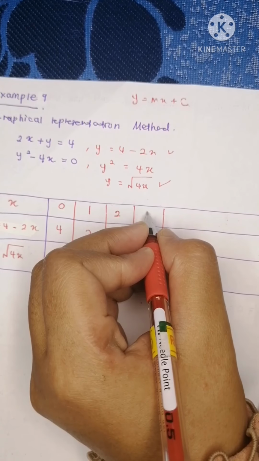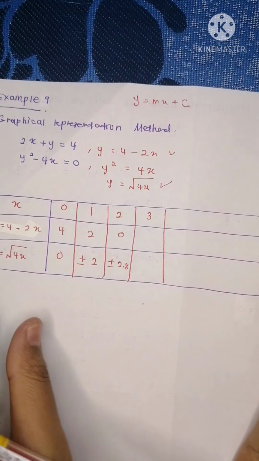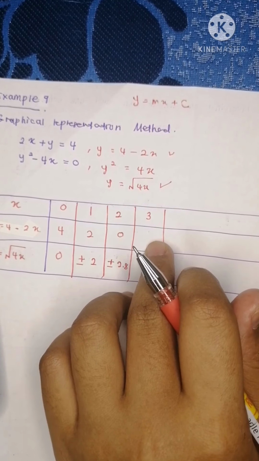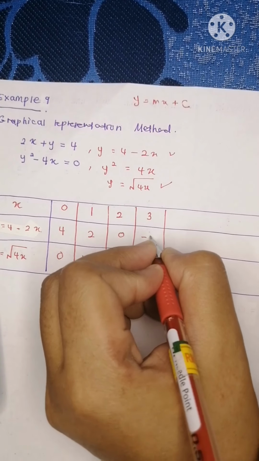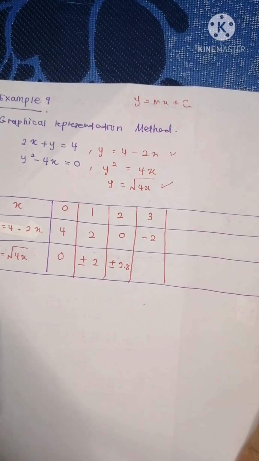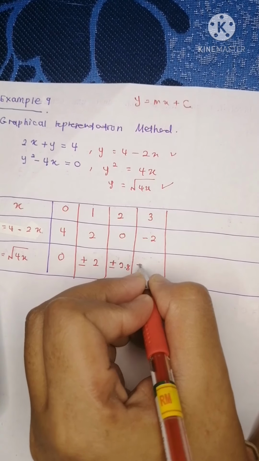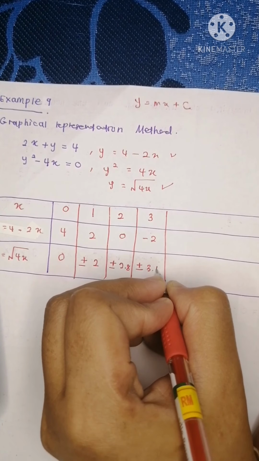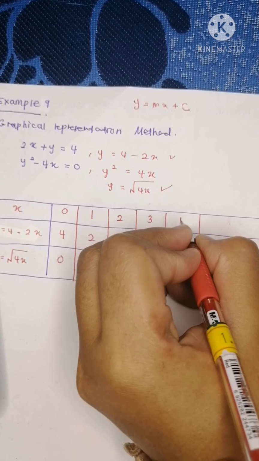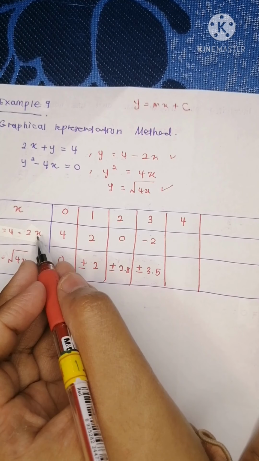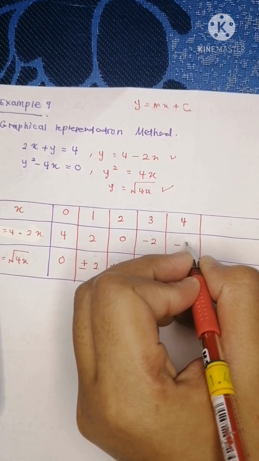Next one, 3. So 4 minus 2 times 3, you will get negative 2. And then 4 times 3, you get 12. Square root, you will get plus minus 3.5. Now, if x is equal to 4, y for equation 1 is negative 4.